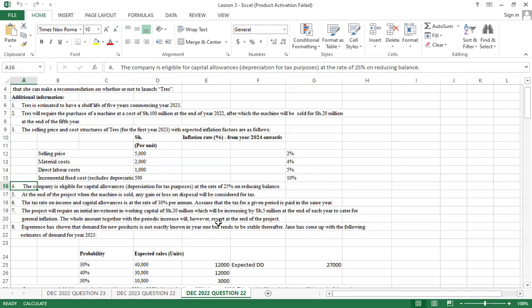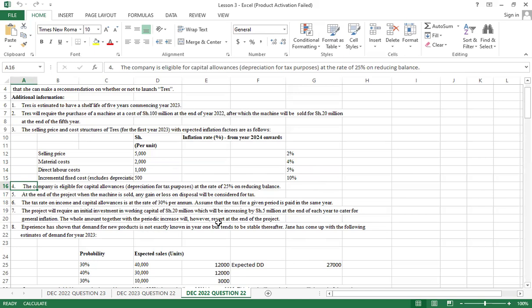Allow me to explain that. When we talk of a capital allowance, this is not a cash flow per se. Just like depreciation is not a cash flow, even a capital allowance is not a cash flow.